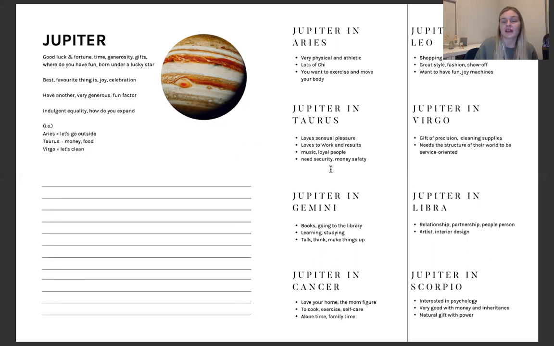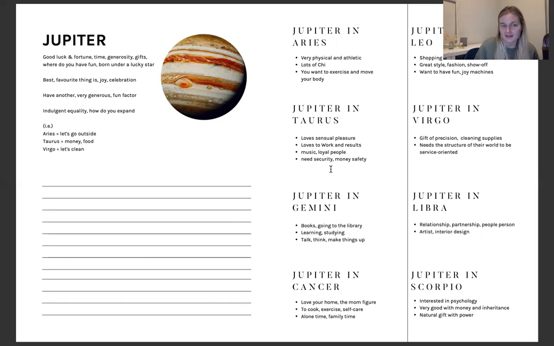Jupiter will say to you, have another. Let's continue to have fun. Let's not stop this pleasurable experience for you. Let's keep going. Let's keep going. So there's that overindulgent quality to it, and how you expand.